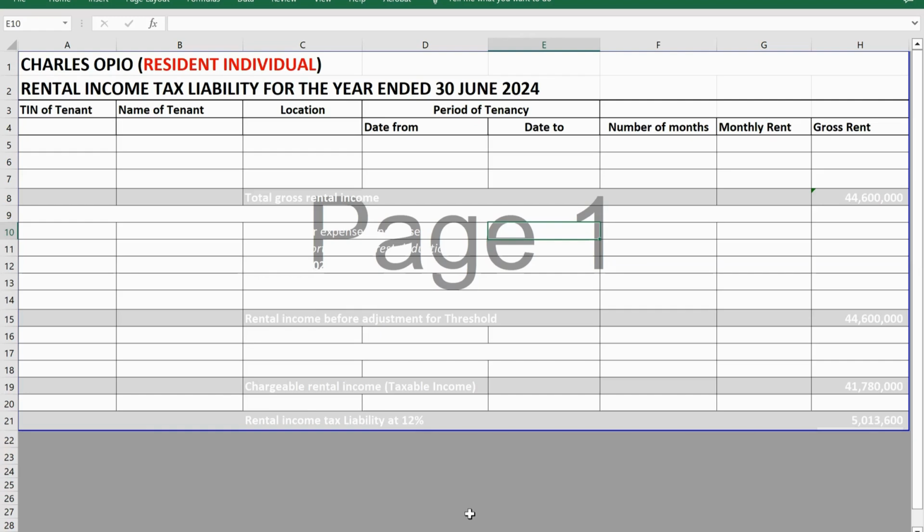So they are interested in the following. 1, the tax identification number of your tenant. That's number 1. But it's not mandatory, because if people don't have a tax identification number and I have the units ready for them, I cannot chase them away because they don't have a TIN. So the TIN is, yes, required, but it's not mandatory.